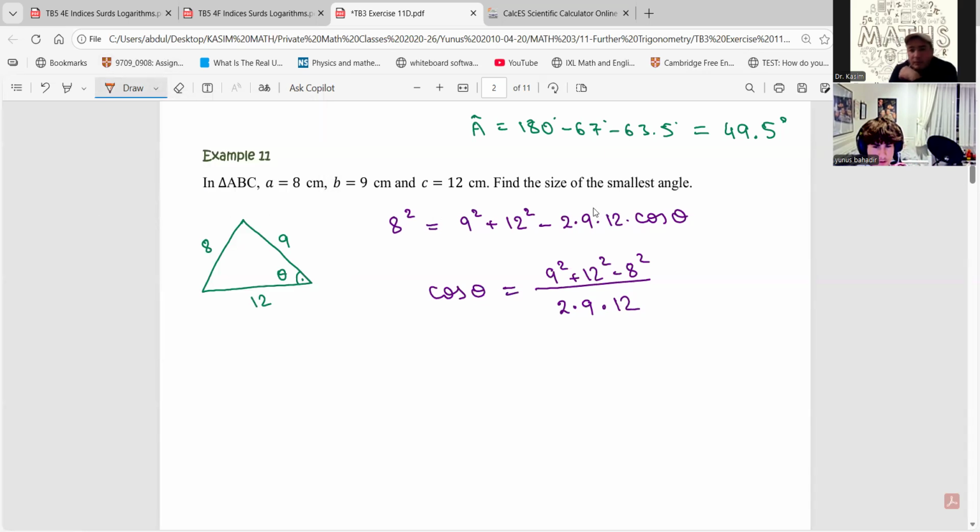I move this one to the left and this one to the right and divide. Wait, so where did the cosine go? The cosine of theta.